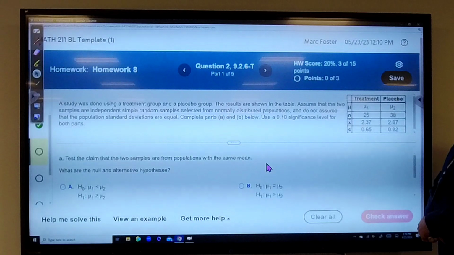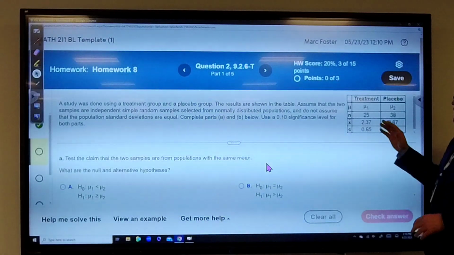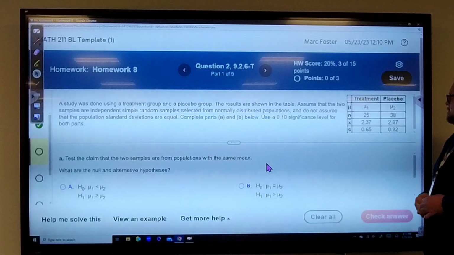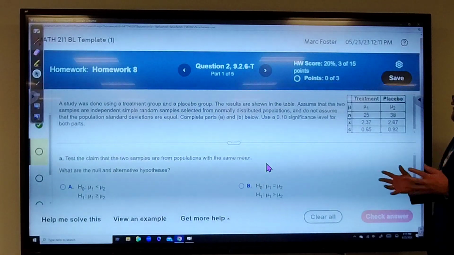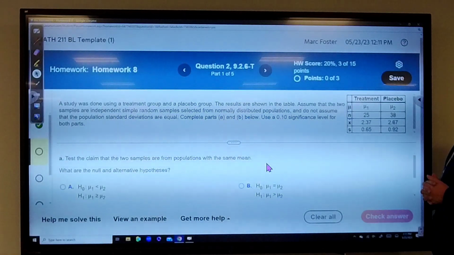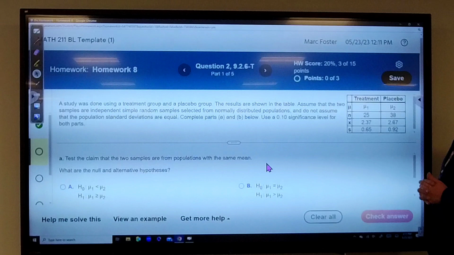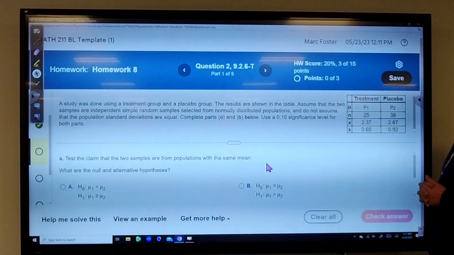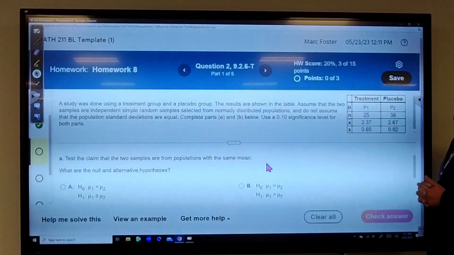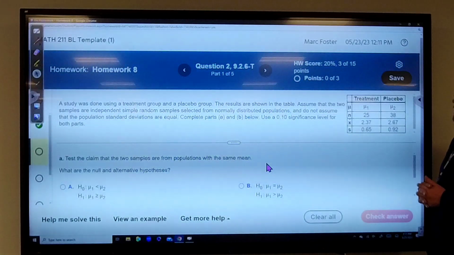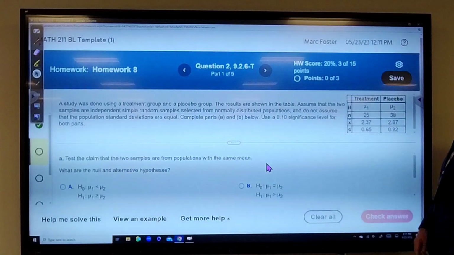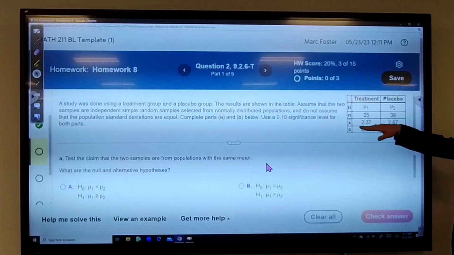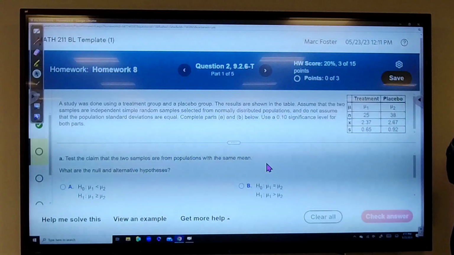Maybe this could be a medication that, if it was effective, would have a lower number than placebo.